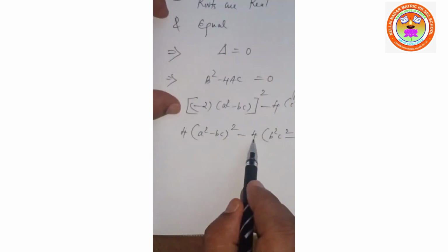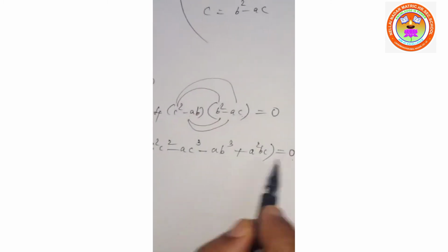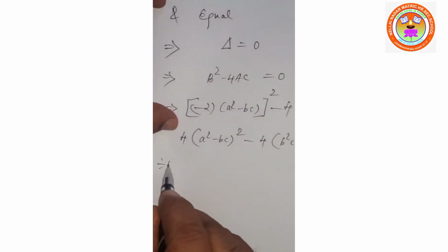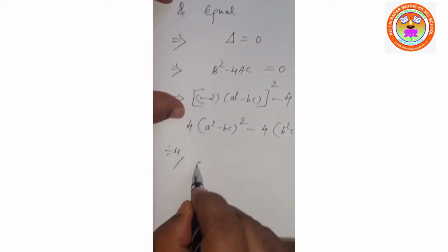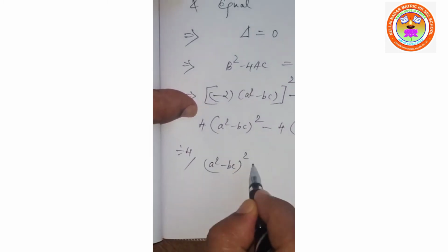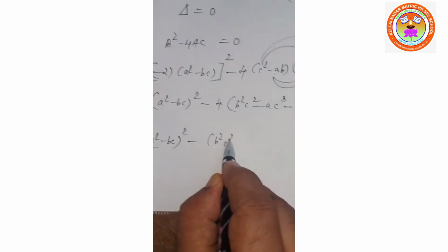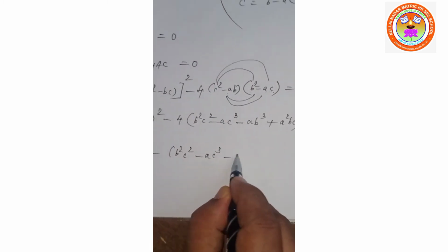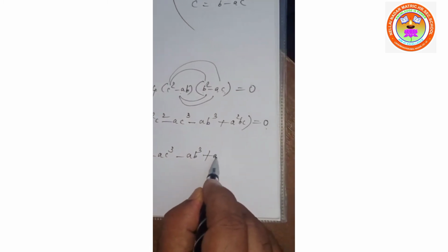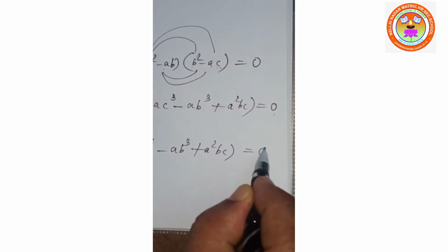Here we have 4, here also we have 4. So what is in the right hand side? 0. First we can eliminate 4. Divide by 4, 4 gets cancelled. We will be getting a square minus bc the whole square, minus b square c square minus ac cube minus ab cube plus a square bc, that is equal to 0.